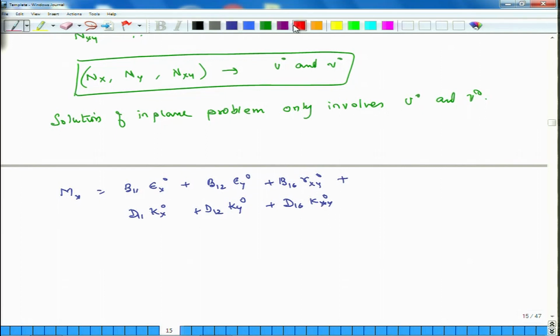Now again, because the lamination is symmetric, these things go away, and kx we know they only depend on w.